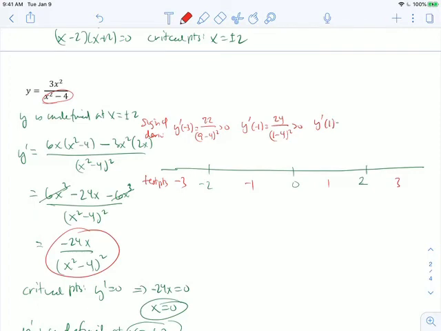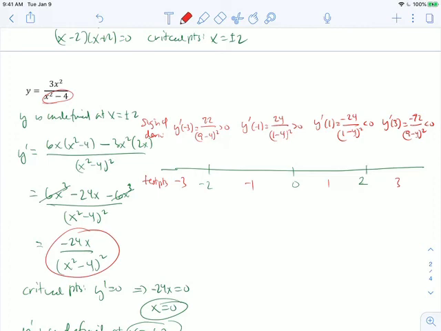Y prime of 1 is going to be -24 over 1 minus 4 squared. And since the numerator is negative, that's negative, while the denominator is positive. And then y prime of 3 is going to be -72 over 9 minus 4 squared. That's again a negative over a positive, so that's negative.